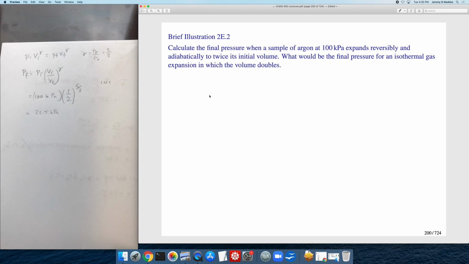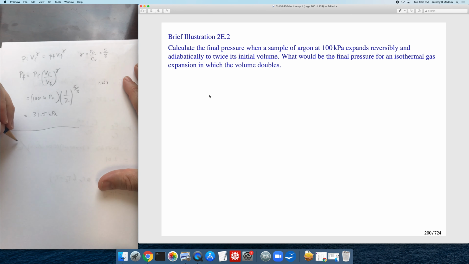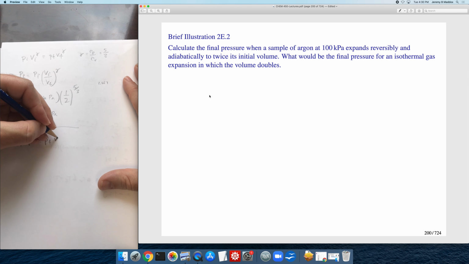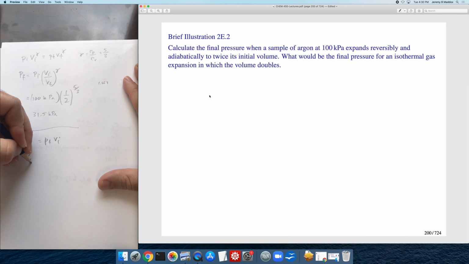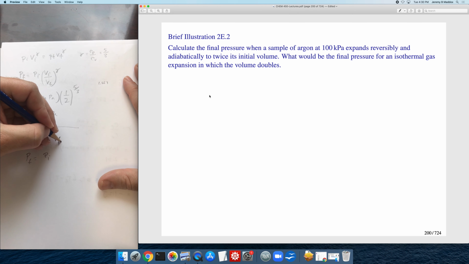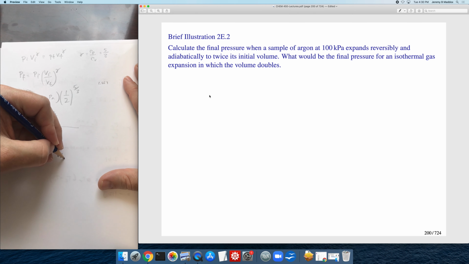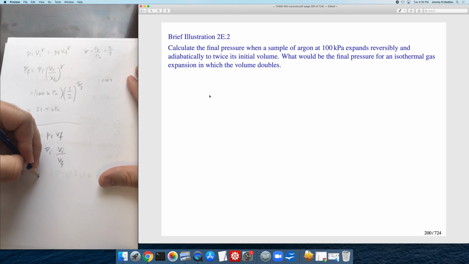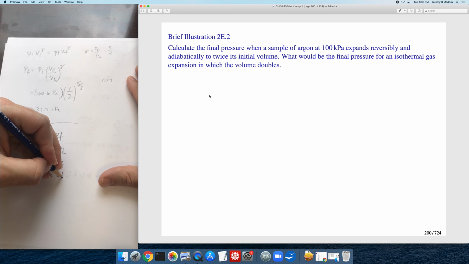They want us to compare that for an isothermal gas expansion. Well, for the isothermal gas expansion, we would just use Boyle's law. And here we would get 50 kilopascals.